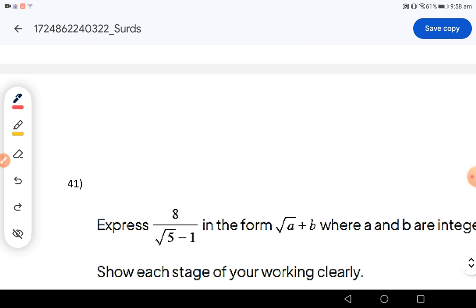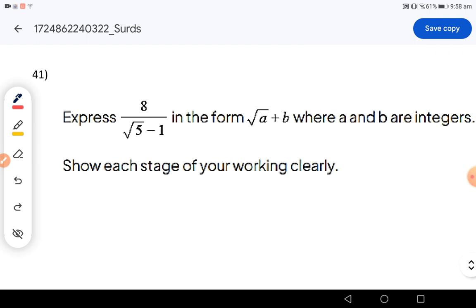Question 41. Express 8 by root 5 minus 1 in the form root A plus B. So 8 by root 5 minus 1. Multiply root 5 plus 1 and divide by root 5 plus 1.